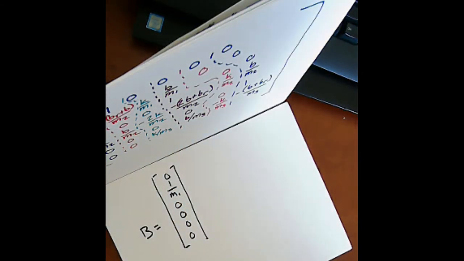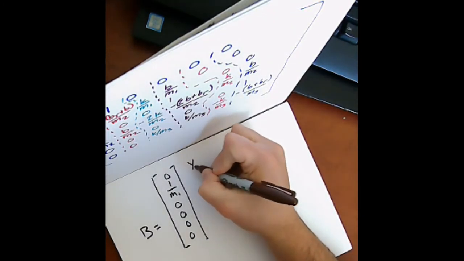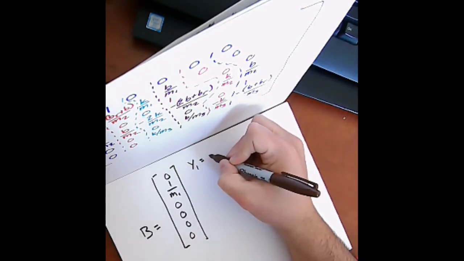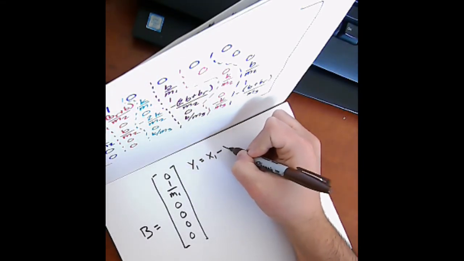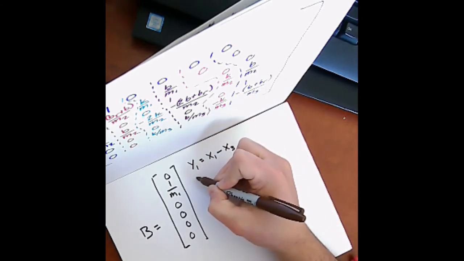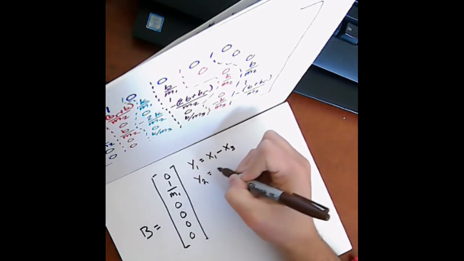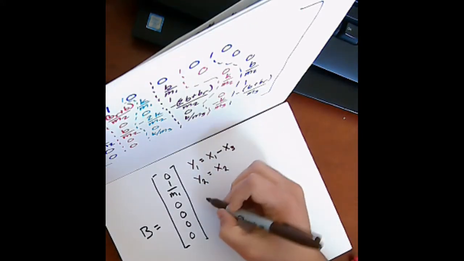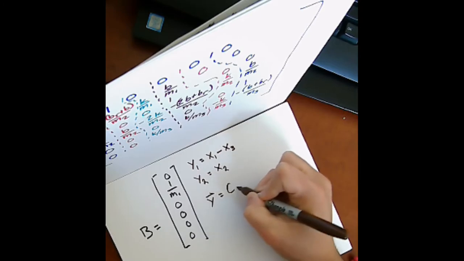That's that. We can talk about the y equation. We wrote it down earlier, but y1 was equal to x1 minus x3, and y2 was equal to x2. Remember the equation we're trying to fulfill.